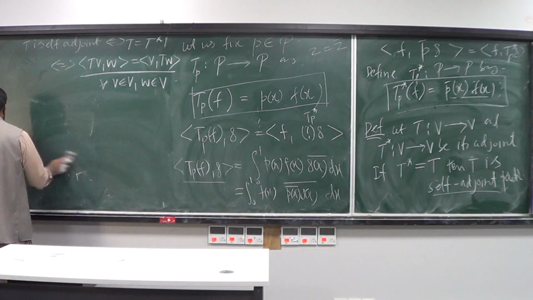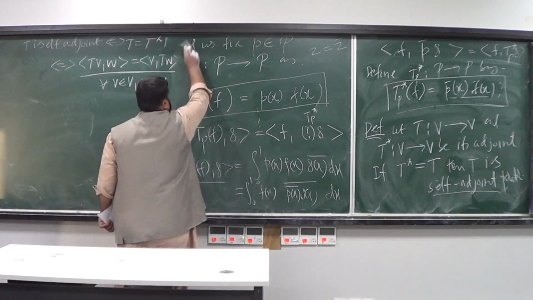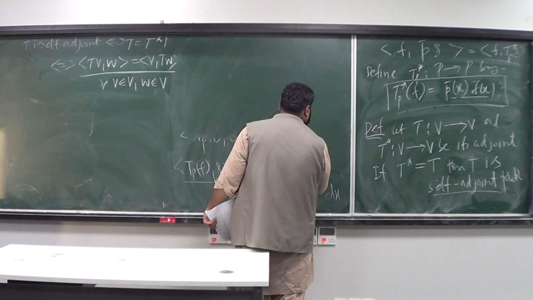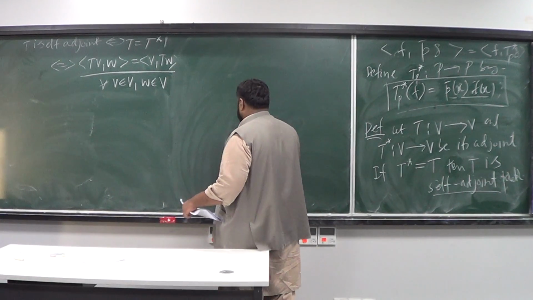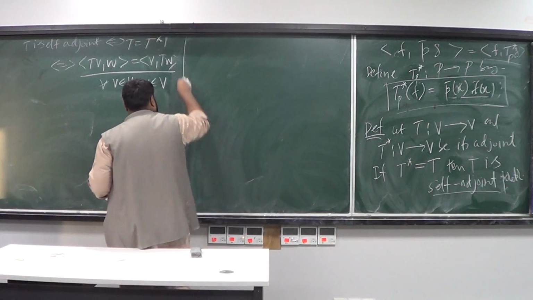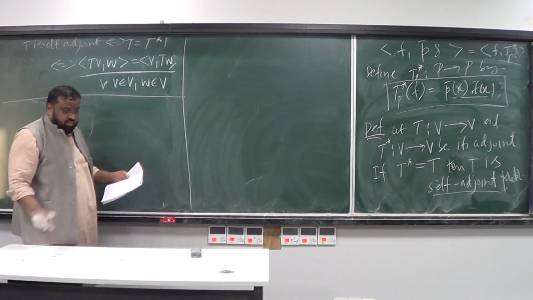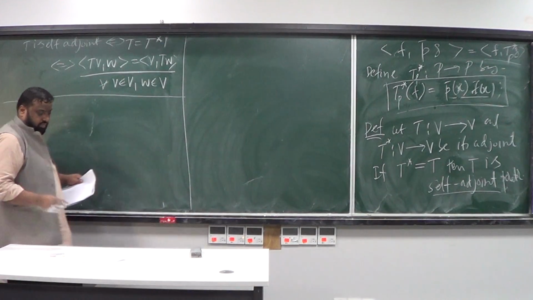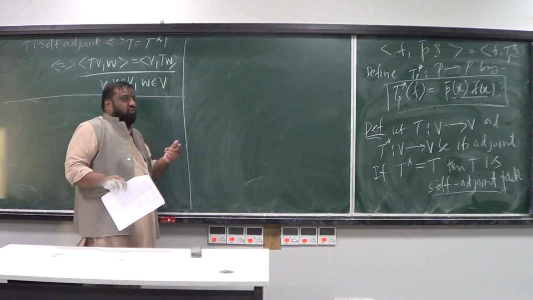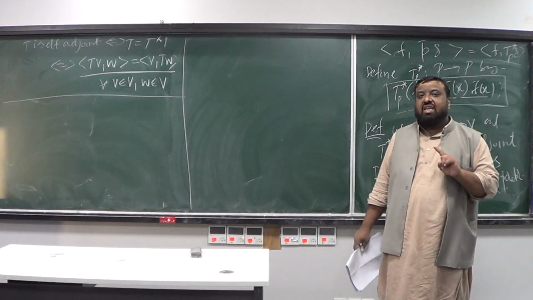All right. Let's do one example. So what I'm going to do next is one example, but this example shows that not every single operator has an adjoint.